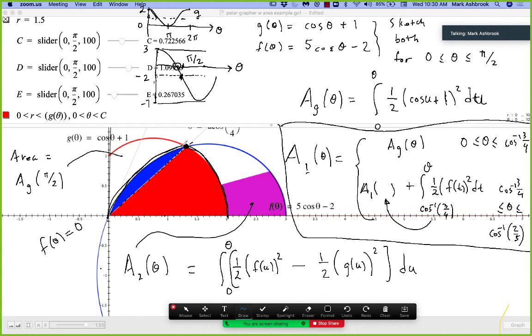Area would start subtracting since f now is less than g. So this would just be for this part here. We would get positive area. If we kept going past that point, then it would be a net area situation where this would start decreasing according to how much area is between them after that.